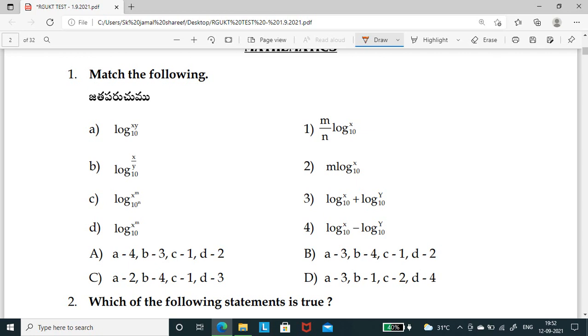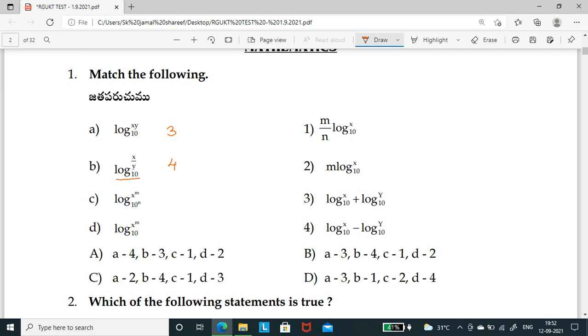Question number one is a matching type question. log xy to the base 10 can be written as log x base 10 plus log y base 10. So this is option number 3. Next, log x by y to the base 10 is the quotient rule, which is log x minus log y. So that is 4.